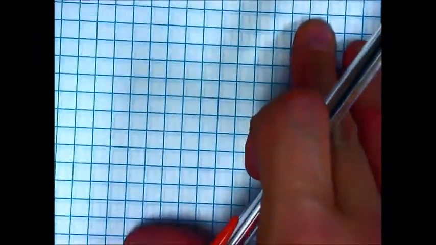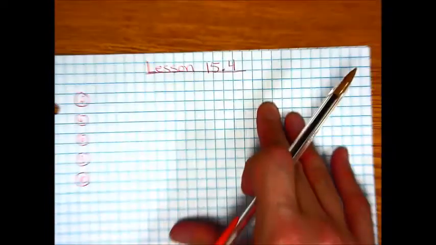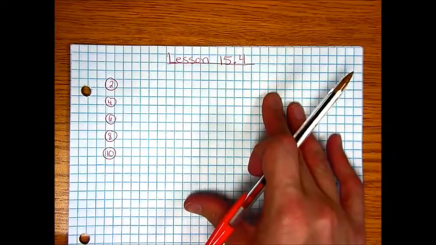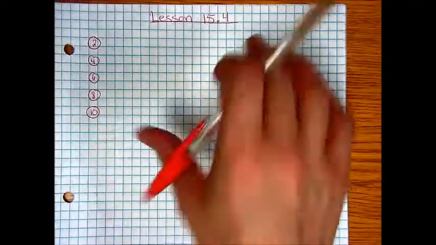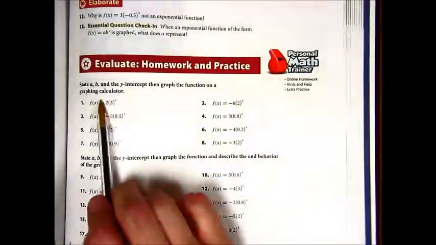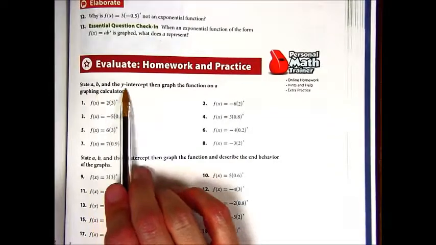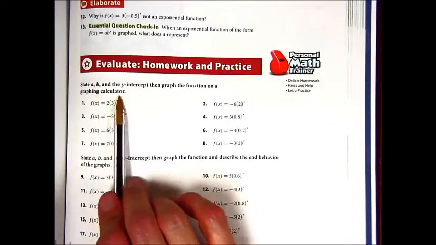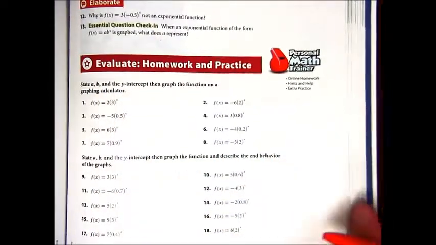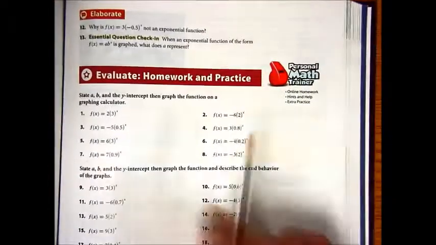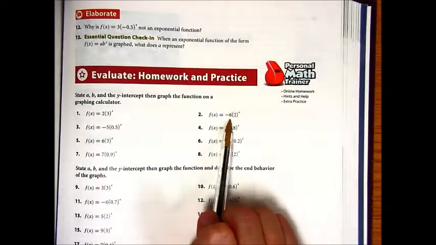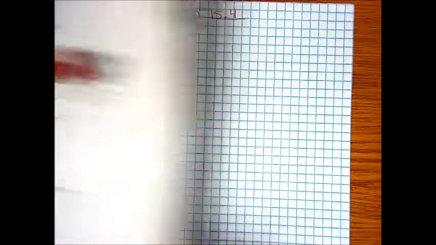Okay, so on your homework, when you guys are doing 2 through 18 even, literally 2 through 8 don't even take any work on your part. So look at it and make sure we're on the same page here. State A, B, and the y-intercept. It says then graph the function on a graphing calculator. You don't have to do that. Seriously, look. 2, f of x equals negative 6 times 2 to the x power.